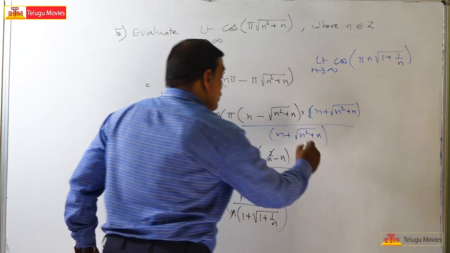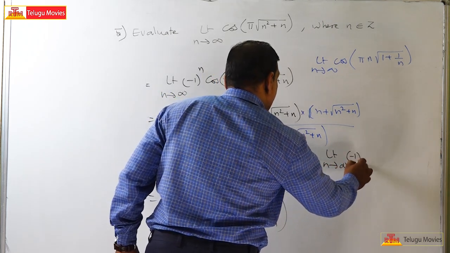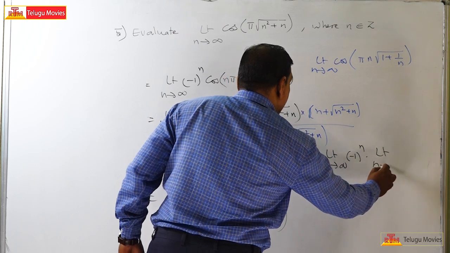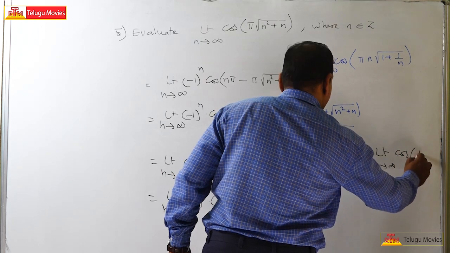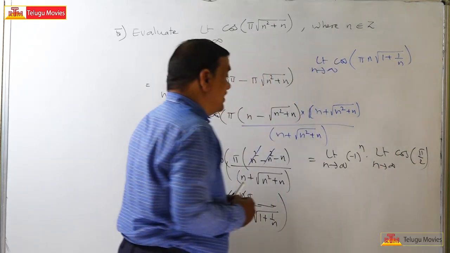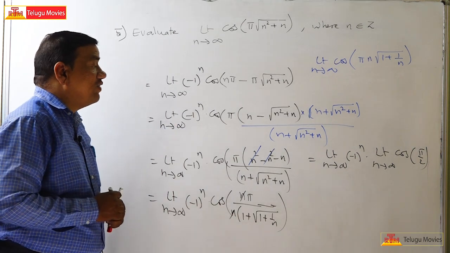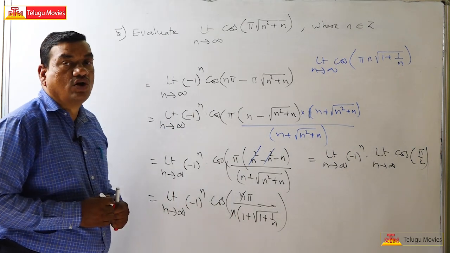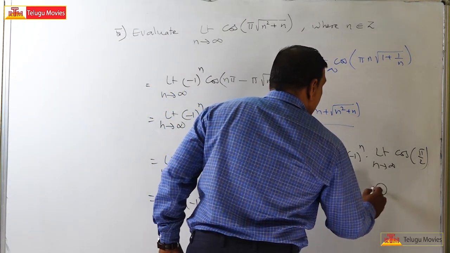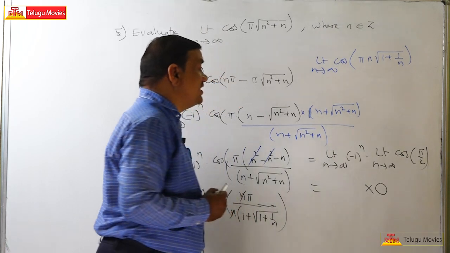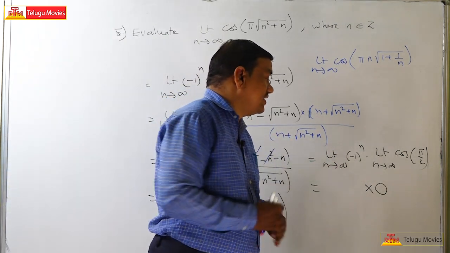So on the whole, limit n tends to infinity minus 1 whole power n, limit n tends to infinity cos of pi by 2 you will get. So cos of pi by 2 value is equal to 0. So you will get here 0 into, definitely it cannot be, it can be 1.